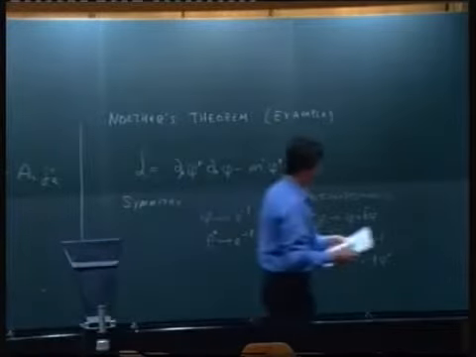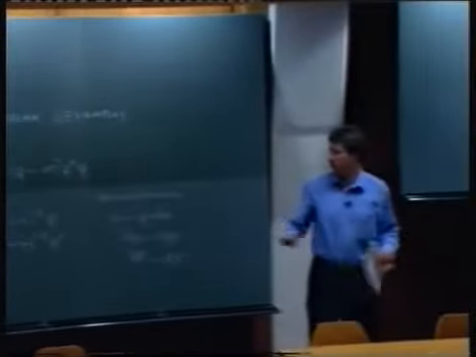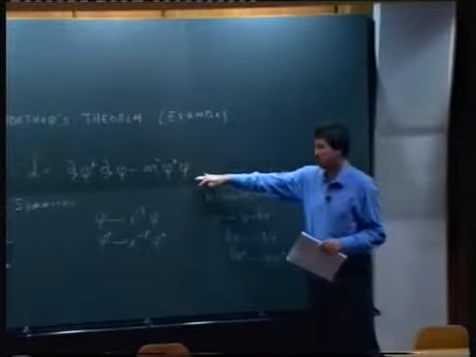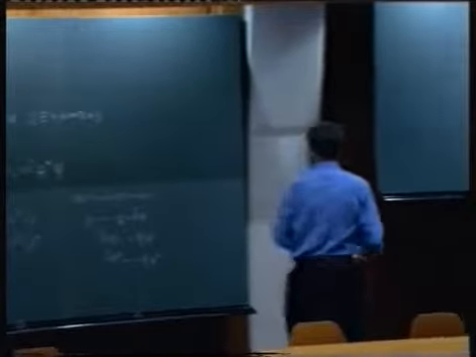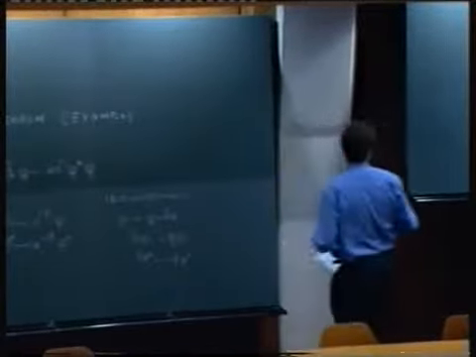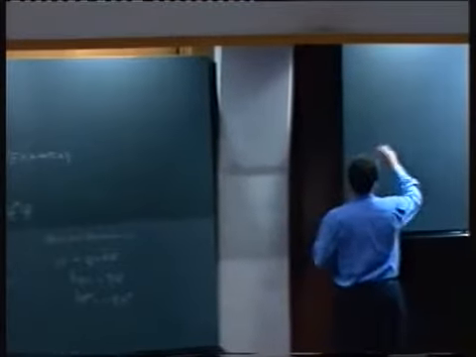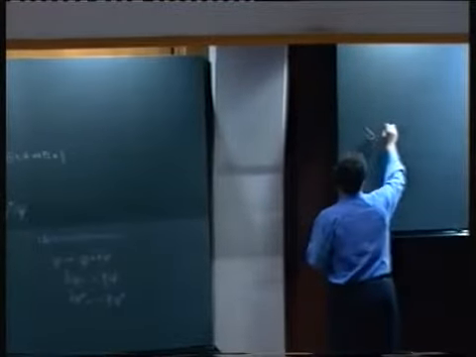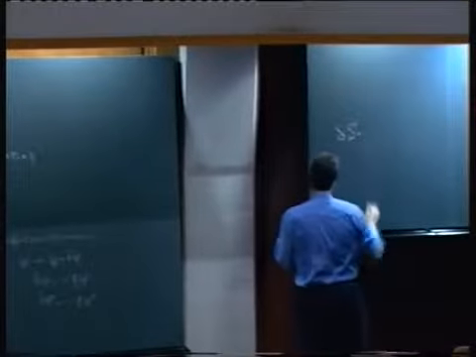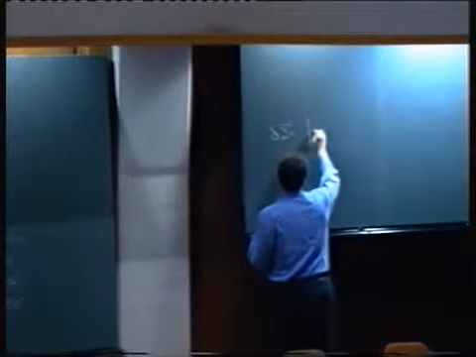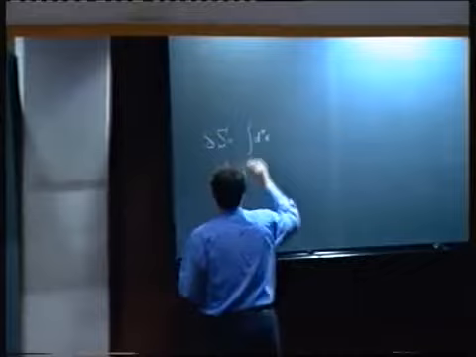What I will do is vary not just the Lagrangian, I'll vary the action. If I take these variations of the fields and plug them into the action, you find that the variation of the action S, the action is the integral of the Lagrangian, so I find an integral.